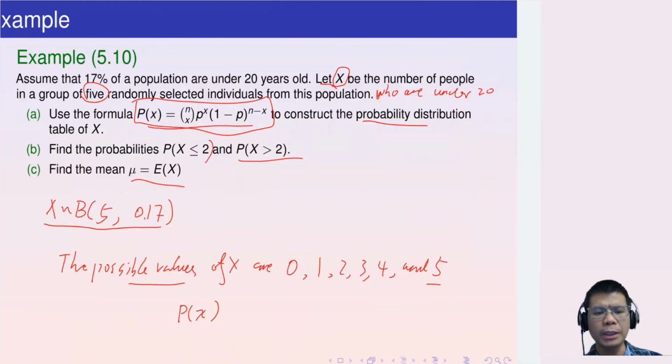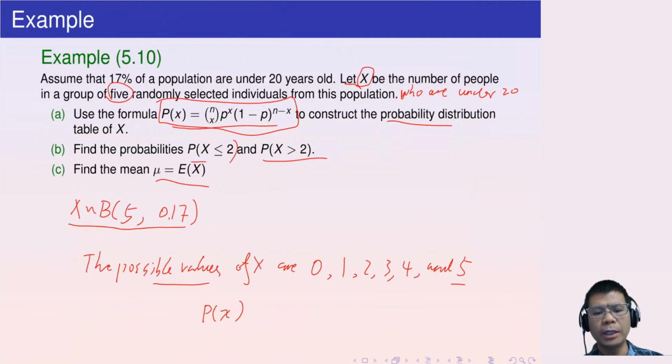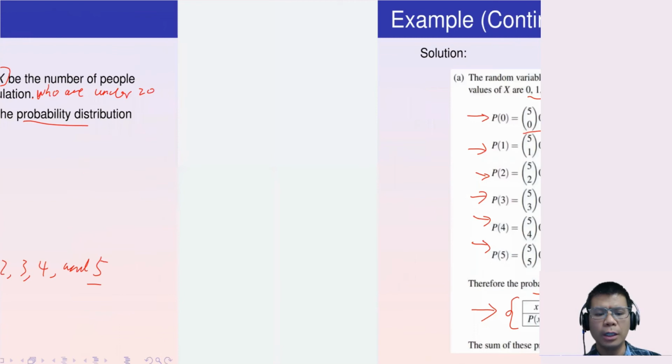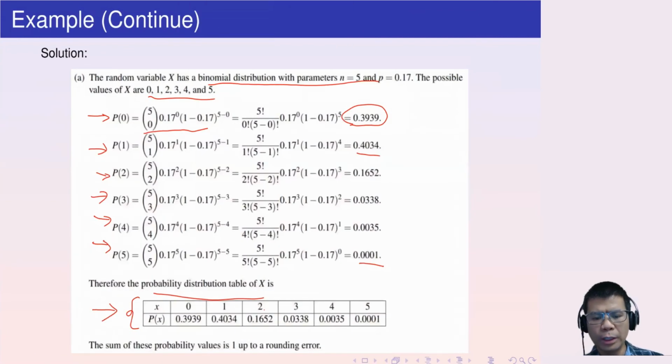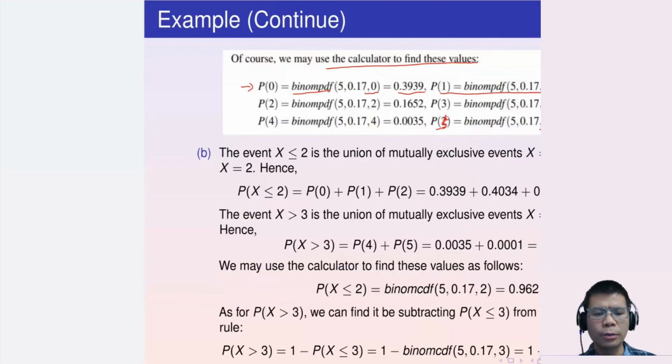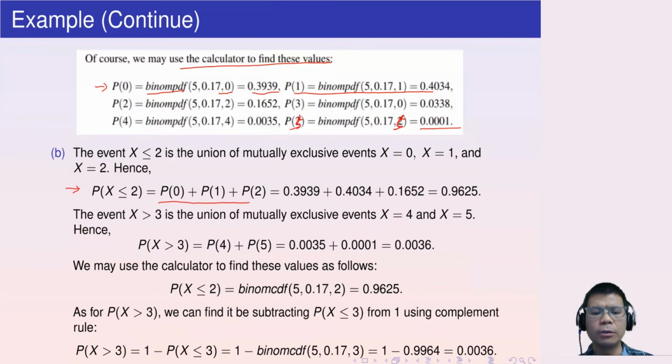Now for part B, we want to find the probability X less or equal than 2. As you can see from the table here, less or equal than 2 means it can be 0 or 1 or 2. So it is P of 0 plus P of 1 plus P of 2.